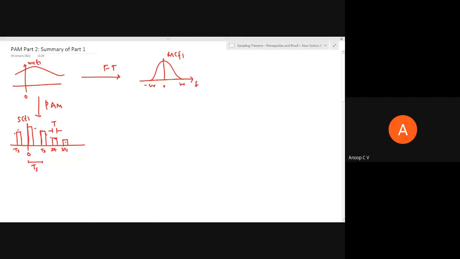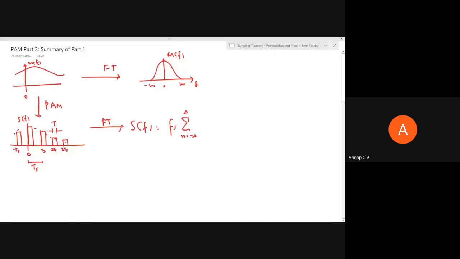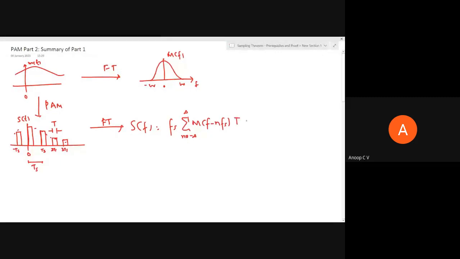You're not supposed to confuse the two. The Fourier transform of this was S of f equal to Fs times the summation over n from minus infinity to infinity. Please excuse me, I may be using n and m interchangeably; it doesn't matter. M of f minus nFs, times T sinc(fT) times e^(-jπfT).